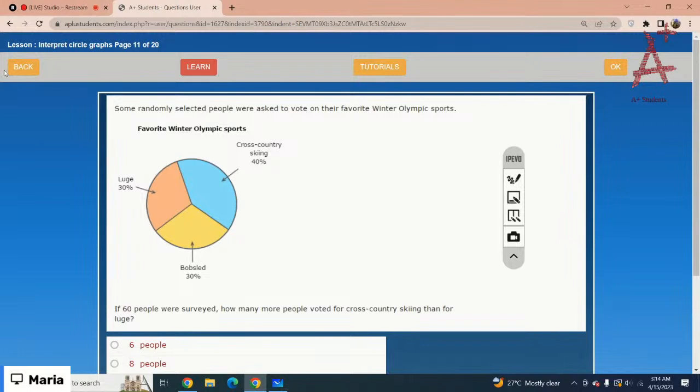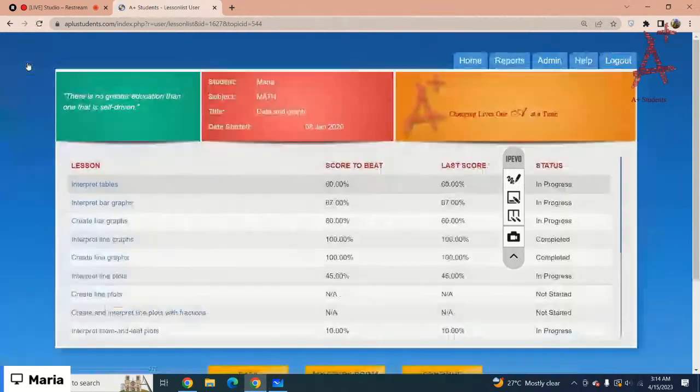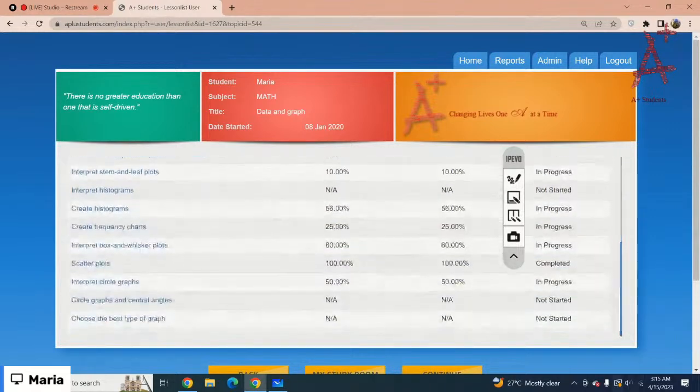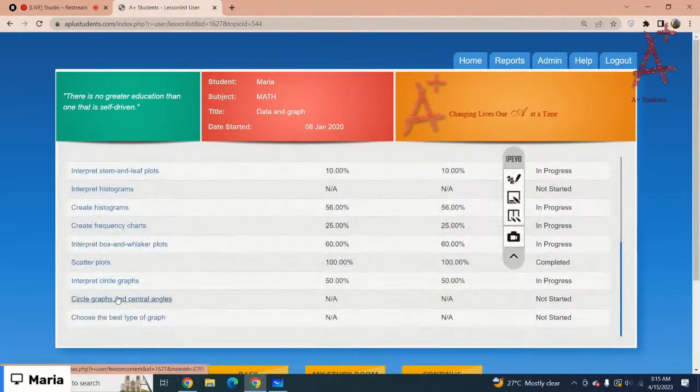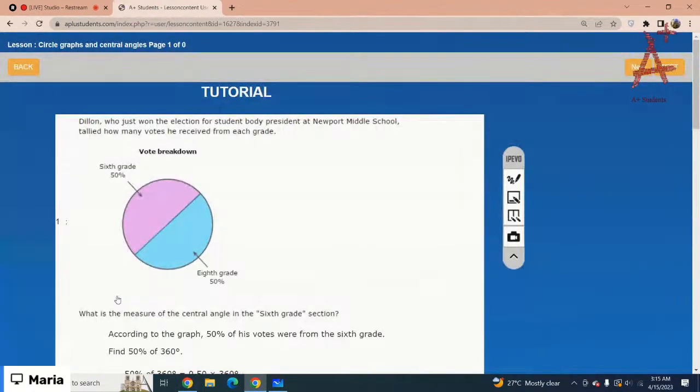Okay, the next lesson is circle graphs and central angles. So let's just start with the next lesson.